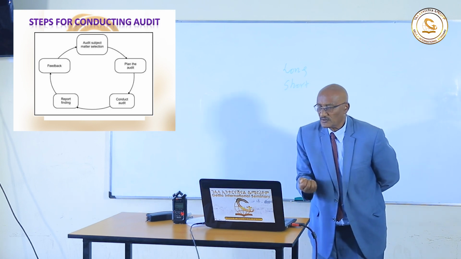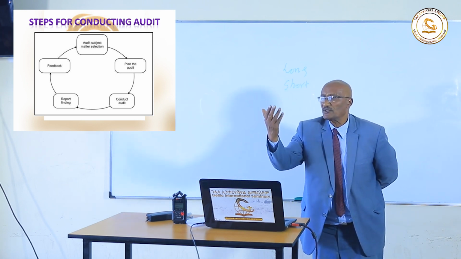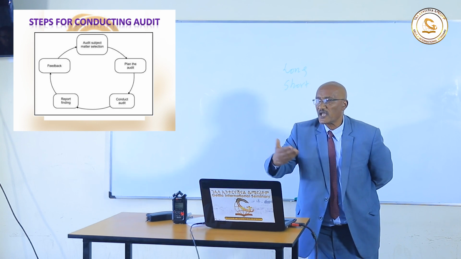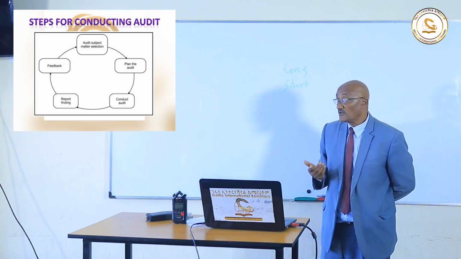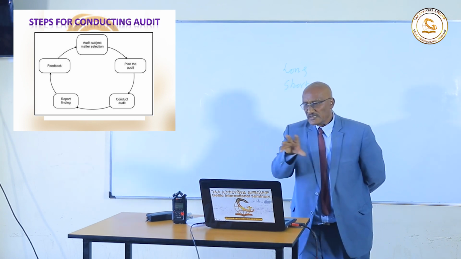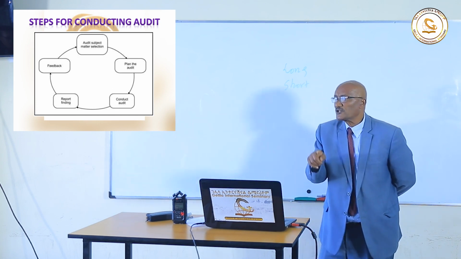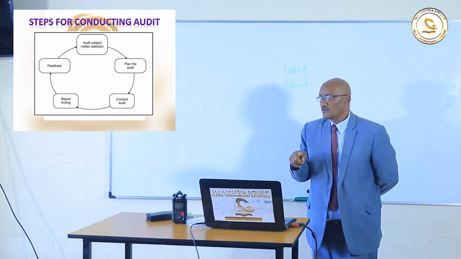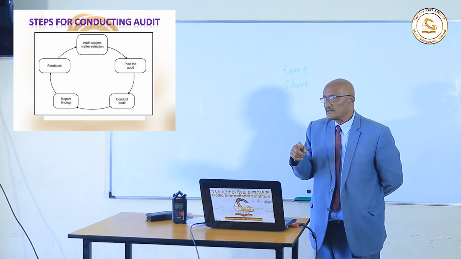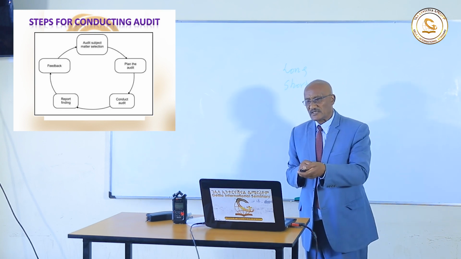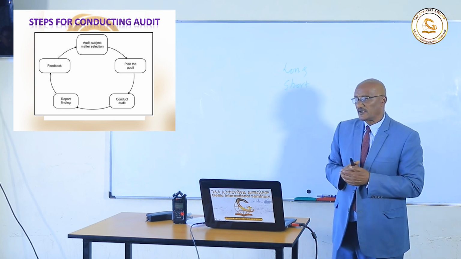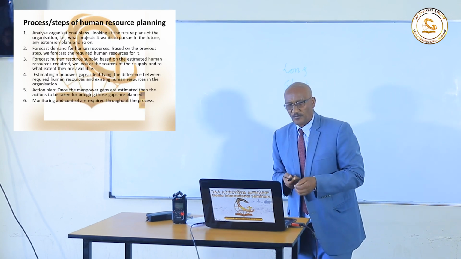And this could be sent to the concerned individual. That is what we call a feedback. So this is a kind of circulation of the vicious circle of steps for conducting human audit.